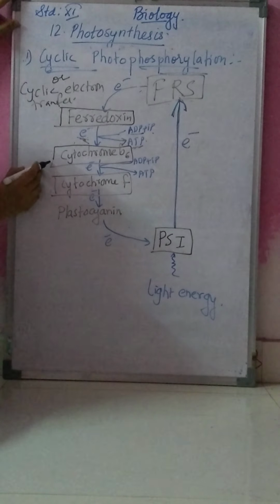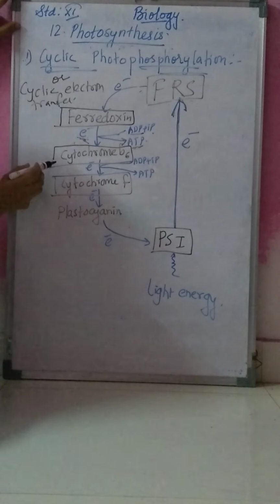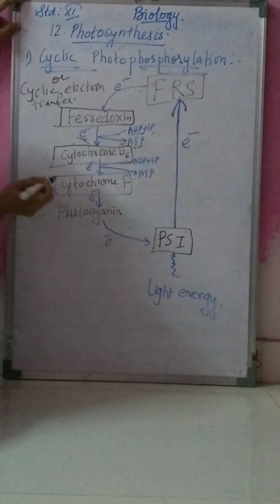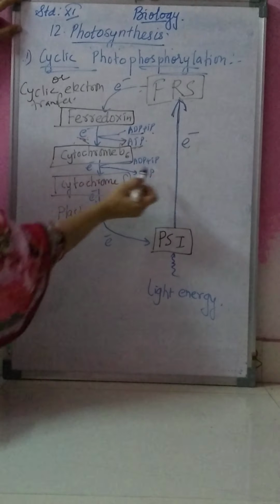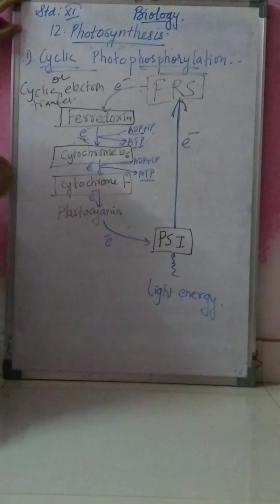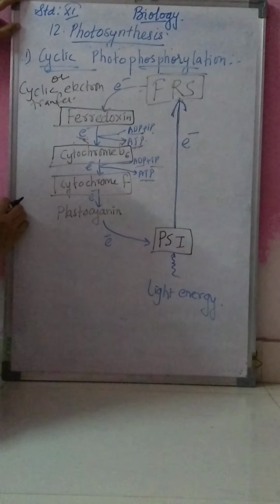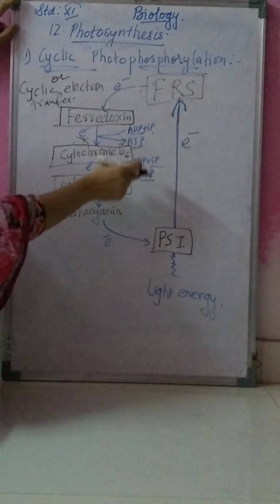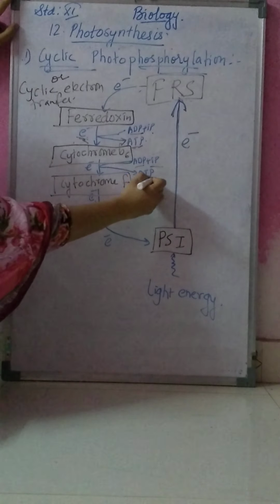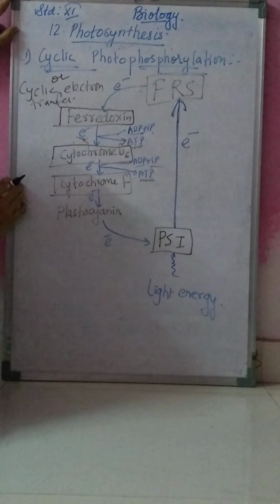Similarly, when electrons are transferred from cytochrome B6 to cytochrome F, the energy of the electron is used for the synthesis of ATP from ADP and inorganic phosphate. Here you can see photophosphorylation taking place. Photophosphorylation means formation of ATP from ADP and inorganic phosphate.